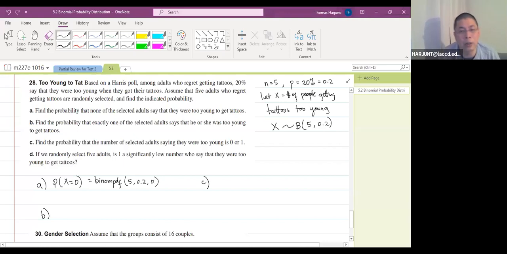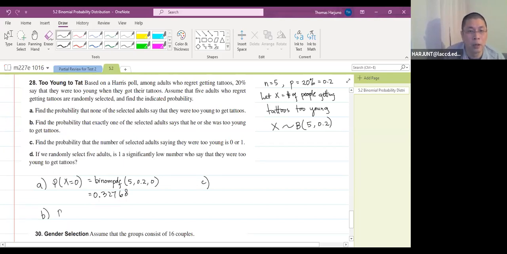The probability that none of them got tattoos when they were too young is 0.32768.